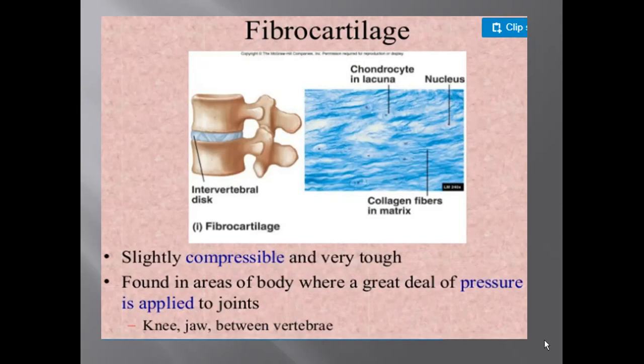Fibrocartilage. As I said, in all types of cartilage you will see chondrocytes covered by lacunae, and we will see the nucleus, and the matrix here, from the name, is collagen fibers. It's a pretty self-explanatory picture. And it is found in the knee, in the jaw, and between vertebrae.